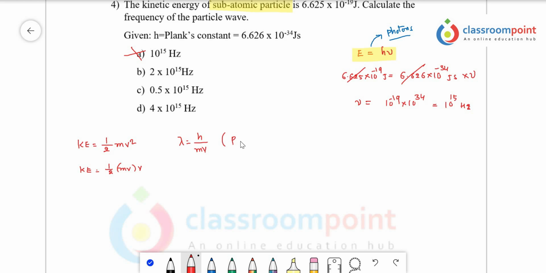And here we know that linear momentum p equals m into v. It is not a frequency ν. So I can write here h upon p, so here I can write the p value. K equals half mv, and mv value is p, so p into v, where v means velocity.